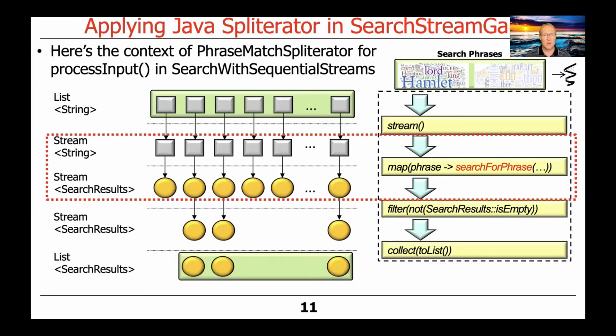This is the way it gets used in the context of the broader program. You can see here that we take the stream of phrases that we're looking for, and then we map that using searchForPhrase, and that converts the stream of strings into a stream of search results. So that's specifically where this takes place, and searchForPhrase is the part that manages the spliterator to do this.